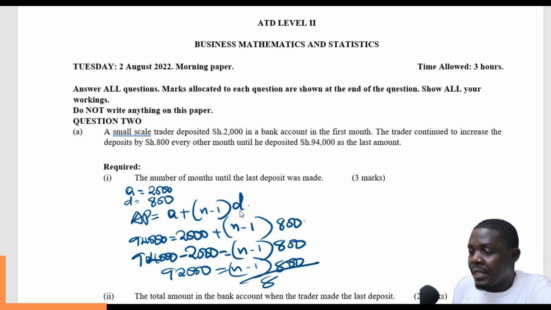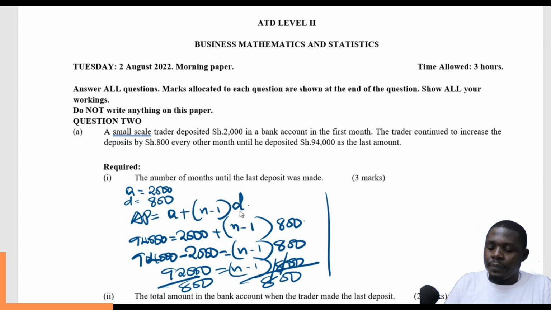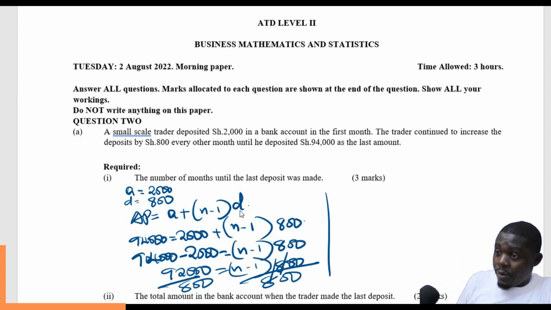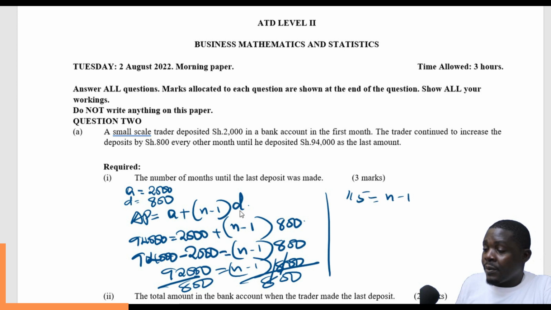Divide both sides by 800. 92,000 divided by 800 gives 115, which is equal to N minus 1.